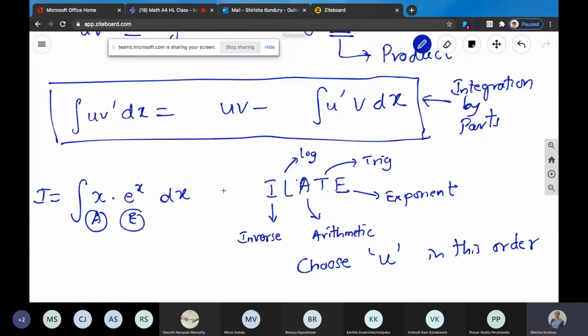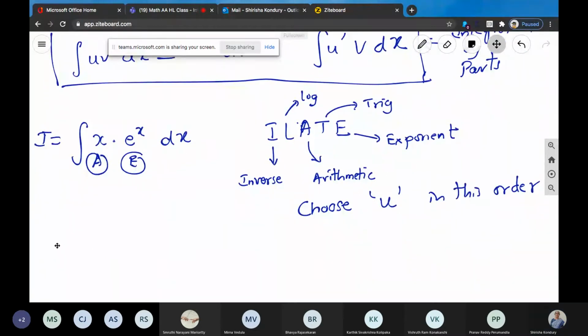You may think, how come you can come up with any rule like that? I'll justify why I'm doing that. But right now, you will have to trust me with this rule: whichever function is ahead in ILATE is the u function.